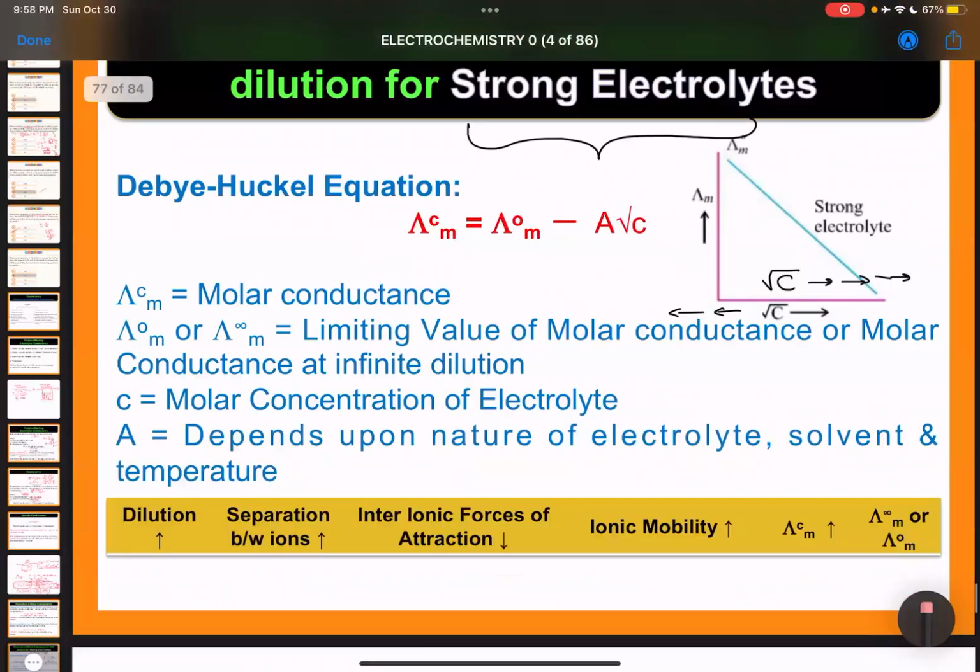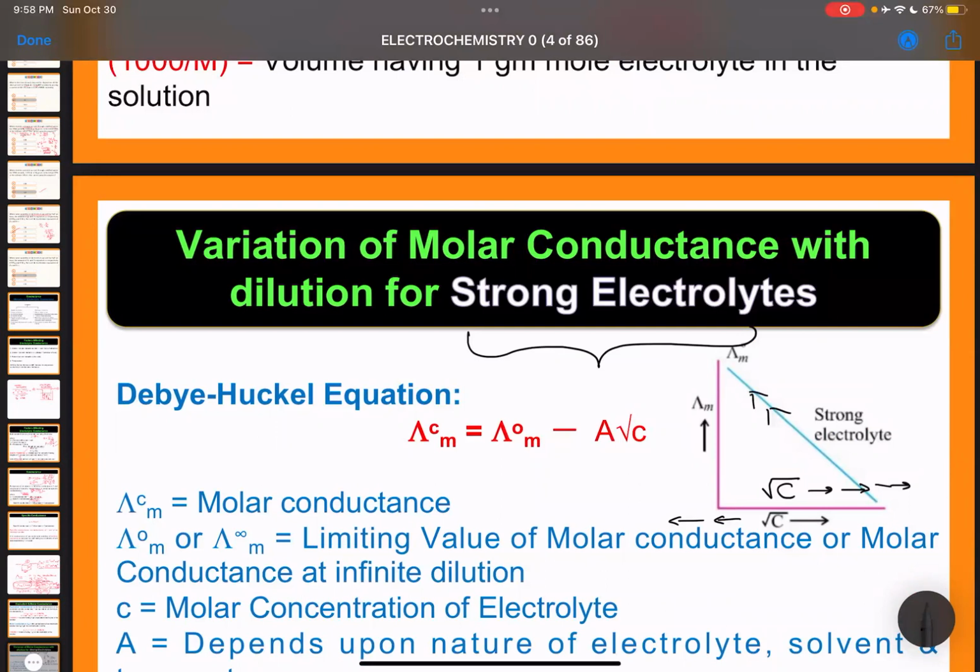And when you have zero concentration, actually you can't have zero, it means a very, very dilute solution, this is the maximum value, known as lambda naught M, or lambda naught E if you're talking about equivalent conductance.